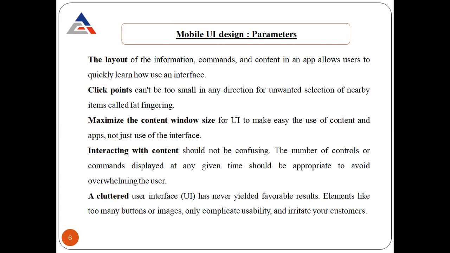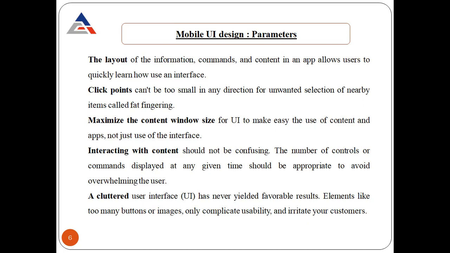So the user can easily understand what a particular text means, and that text should not be repeated again at any other location. Otherwise the user is unable to know what to do with this particular operation, and could get confused about how to operate the application.